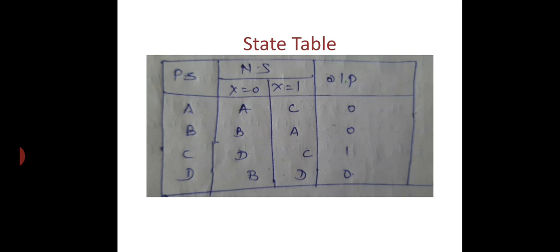It shows the relationship that exists among the inputs, outputs, present states, and next state. For example, when the present state is A and the input is 0, the next state would be A, and when the input is 1, the next state would be C, and at that time the output is 0, which is shown in this particular state table.